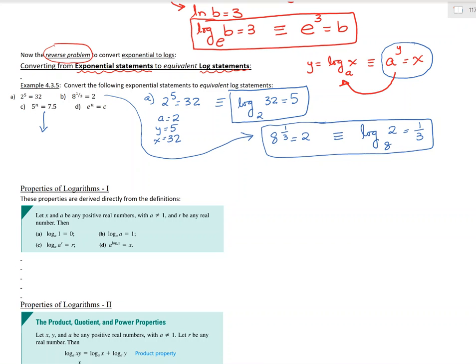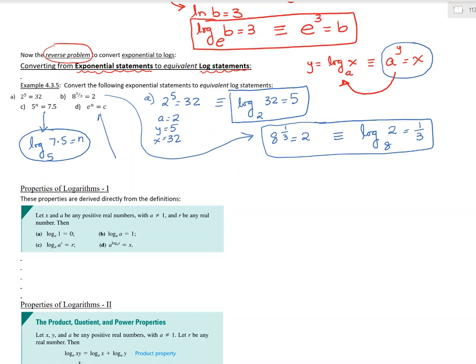Similarly for this one, it would be log of 7.5, the base would be 5, and this would be equal to y, and that is n. So this is the equivalent log statement.